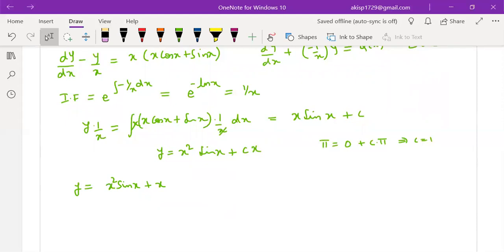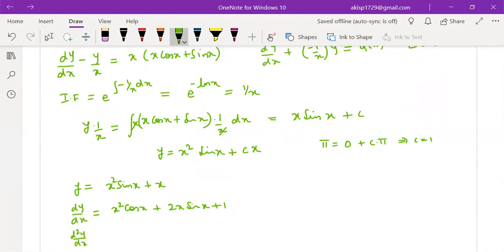So I'll differentiate this. I want the derivative of this. What is dy by dx? So dy by dx here is x square into the derivative of sin x, which is cos x, plus 2x, the derivative of x square, into sin x as it is, plus 1. This is the derivative. And we also want the second derivative, that is d square y by dx square.